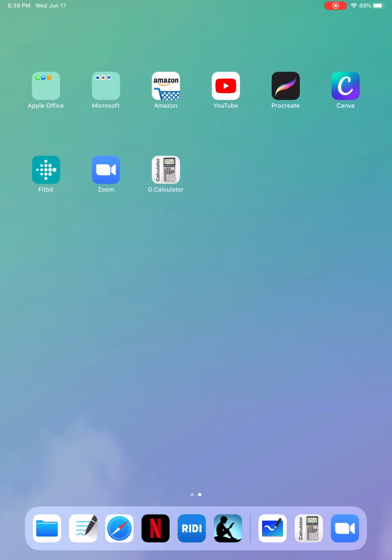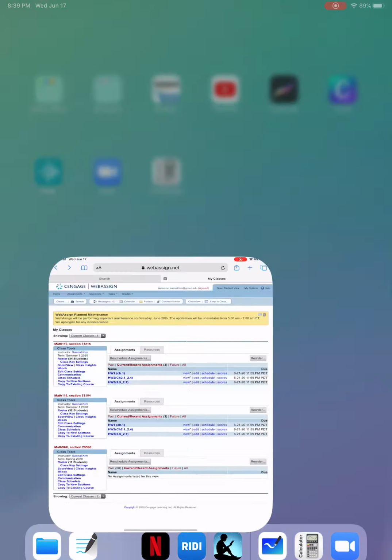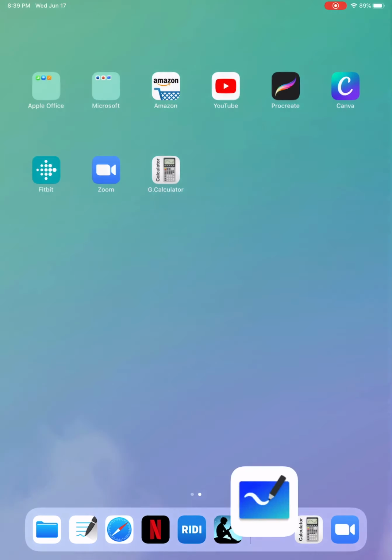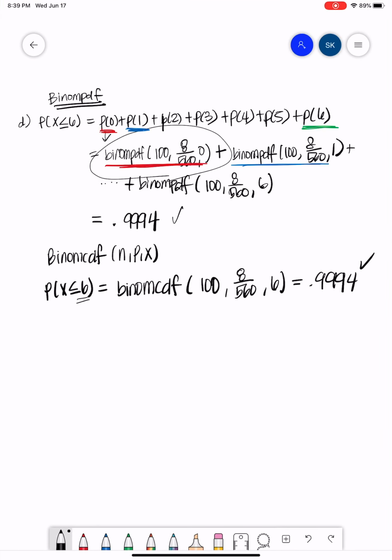Now, be careful also. The problem may not ask you for less than or equal to 6. Let's say find the probability less than 6 pages. So this is a separate example. What if I just say less than 6, right? So this time it's P of less than 6. I do not want to include 6.